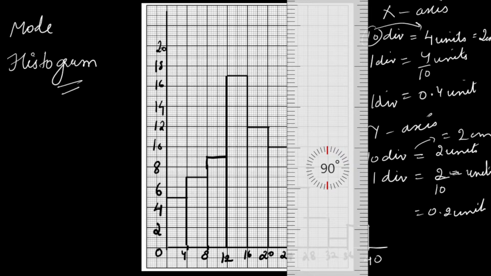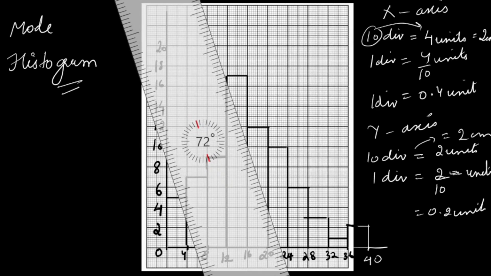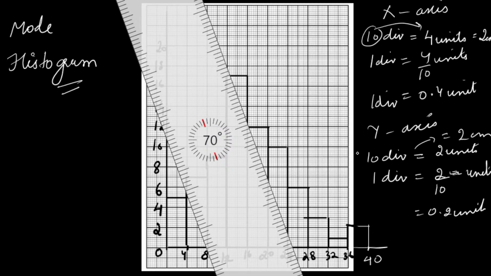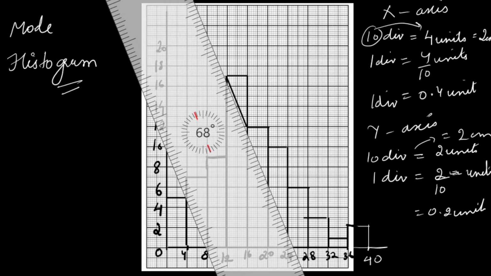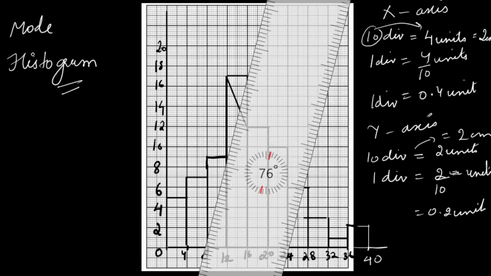Now this we have to join. The left corner of this bar with the left corner of next bar we have to join, and the right corner of this one we have to join with the right corner of the previous bar.